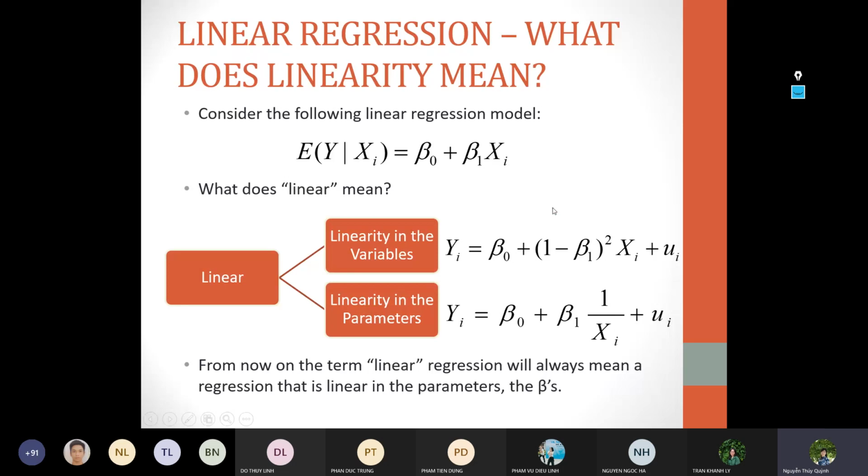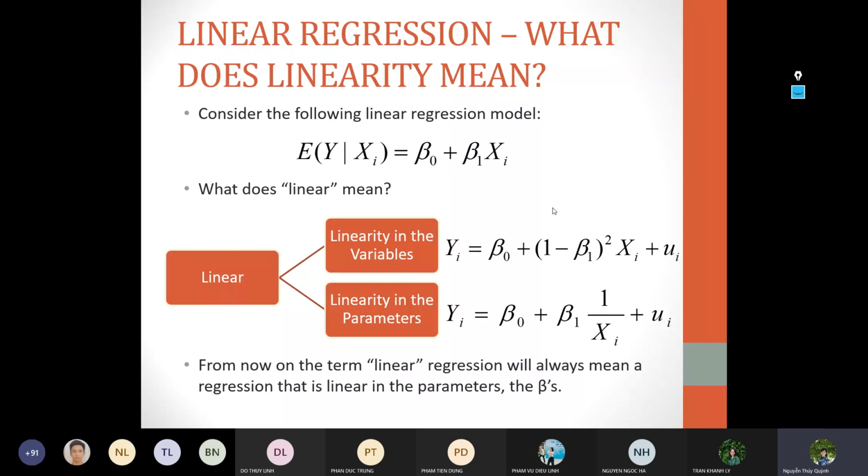So in econometrics, when we say that a model is a linear regression model, it means that the model is linear in the parameters, which means that the parameters of that model must have the power of 1.